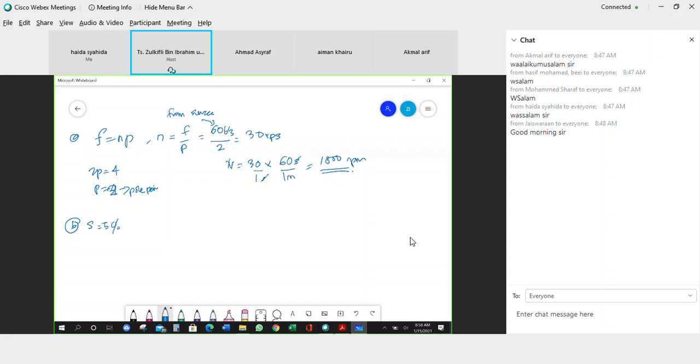So now you need to find the rotor speed. From the equation, the rotor speed is equal to 1 minus slip times the synchronous speed. So this is your mechanical rotation. So 1 minus 0.05 is your slip, times 1800 RPM.